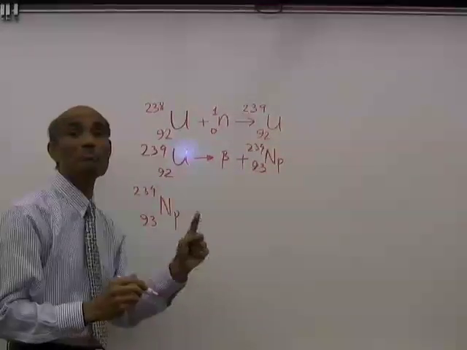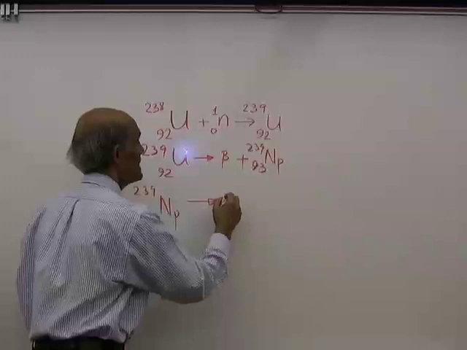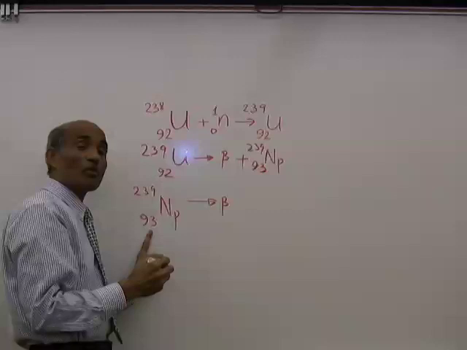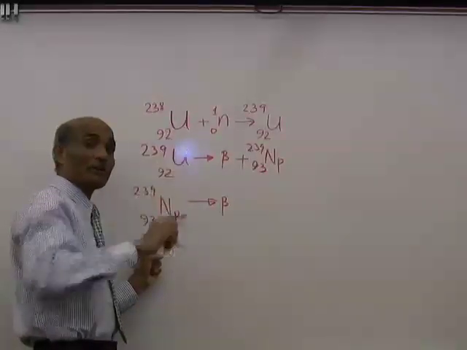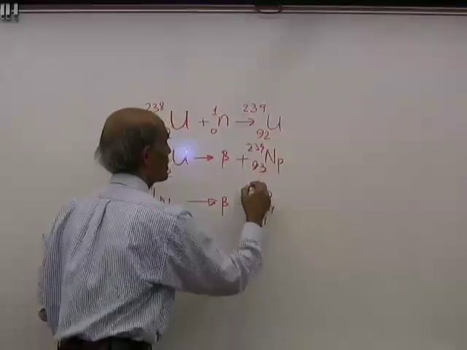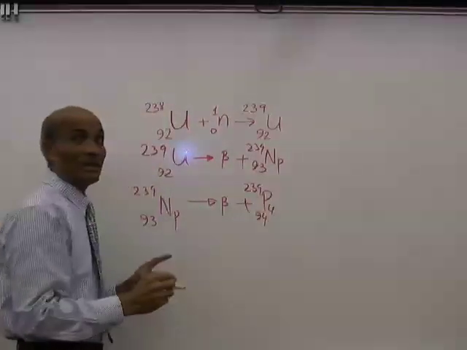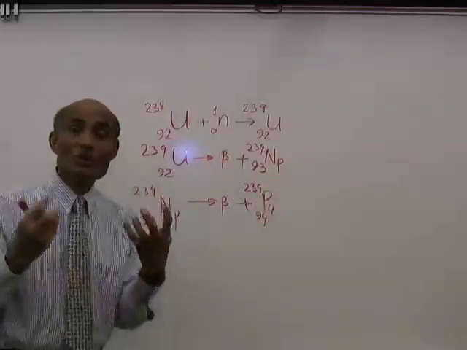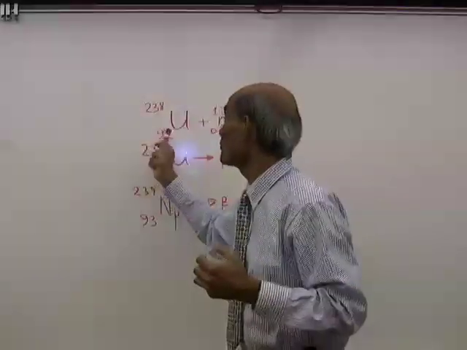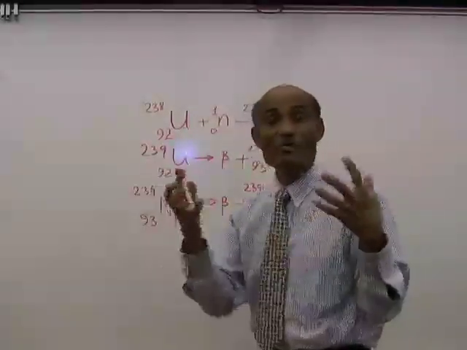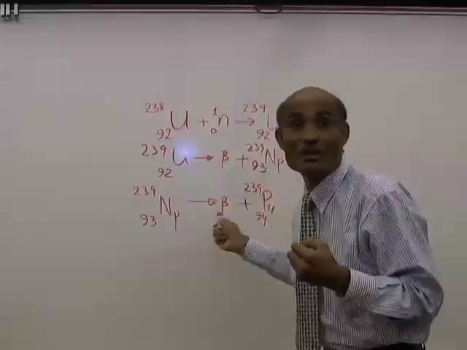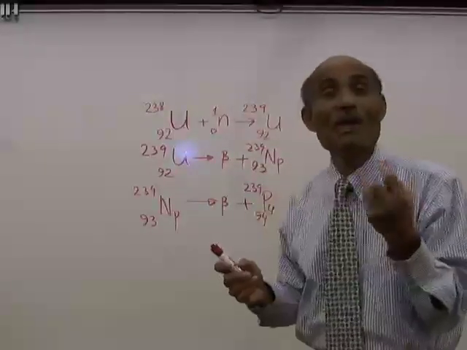Now, this neptunium-93-239 is again beta active. It will emit a beta radiation. The result is an element 1 unit higher than neptunium, which will be plutonium-94-239. Now, this is the process. So when you have a fuel rod that contains large quantities of this non-fissionable material, now they will be absorbing neutrons and undergoing this transformation, producing plutonium in there.